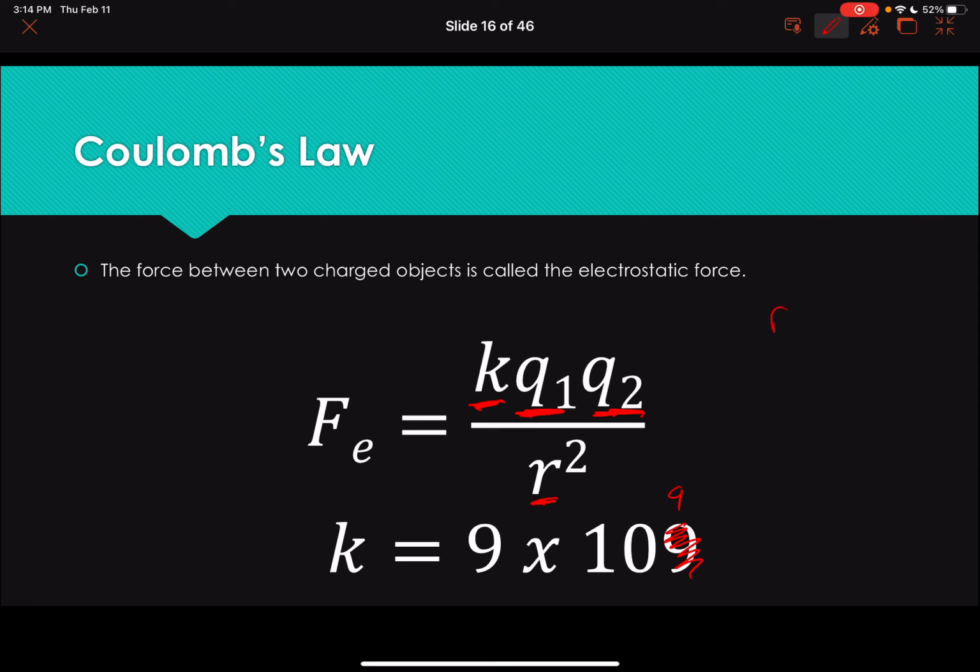So r is your distance between the two objects. Q is a charge. And then K is just called Coulomb's constant. It's equal to 9 times 10 to the 9th. If you look it up, it's actually 8.99. You can go ahead and round it in my course. I don't really care. You can round it to 9 times 10 to the 9th. That's what I'm going to round it to. But if you really want to be more accurate, you can use 8.99. It's fine.